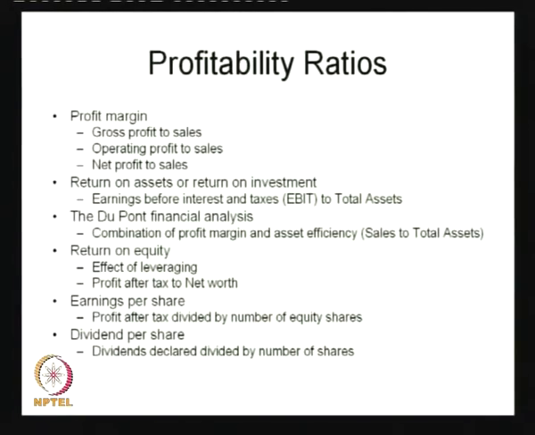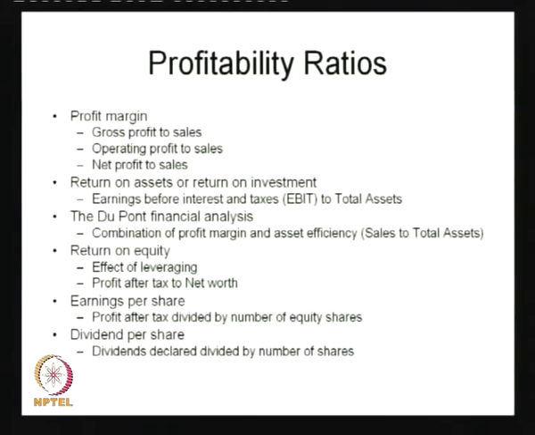Earnings before interest and tax over total assets gives us the return on investment, and this ratio should always be higher, so that the company can satisfy the investors. The investor can feel happy that the company has earned an adequate return on the investment they have made in the company.